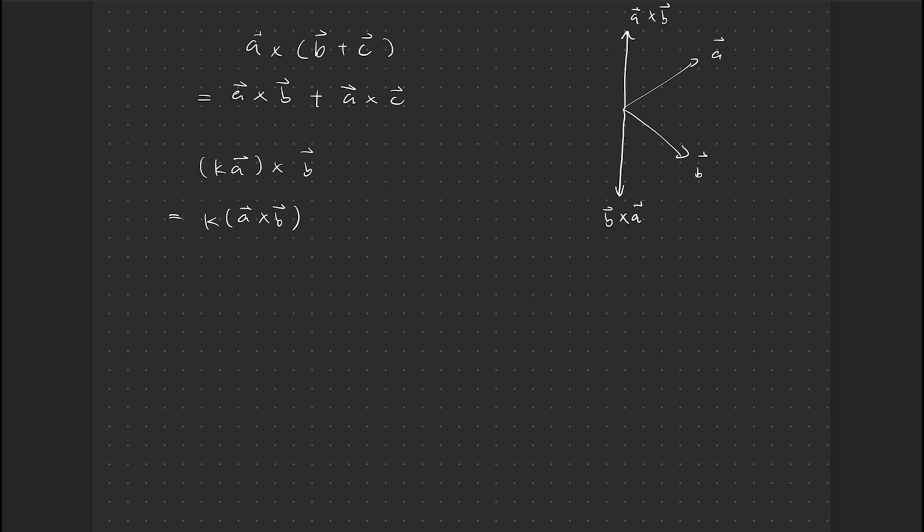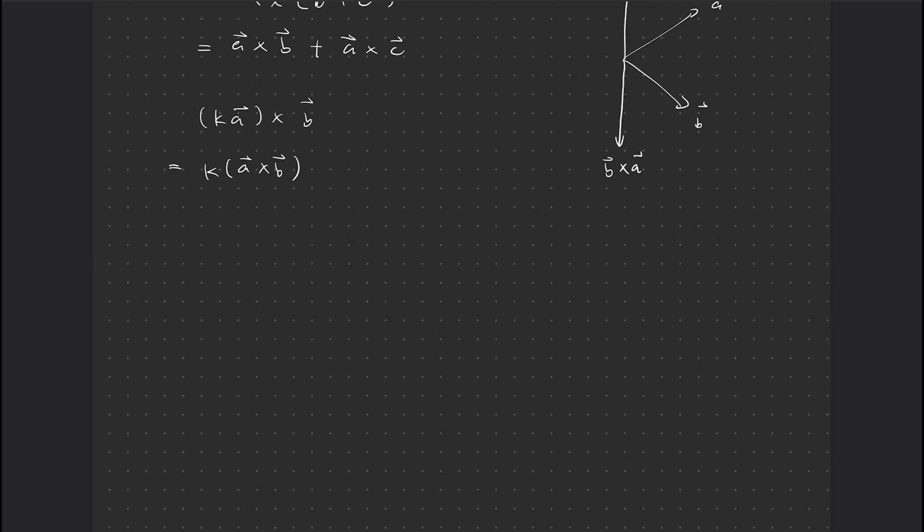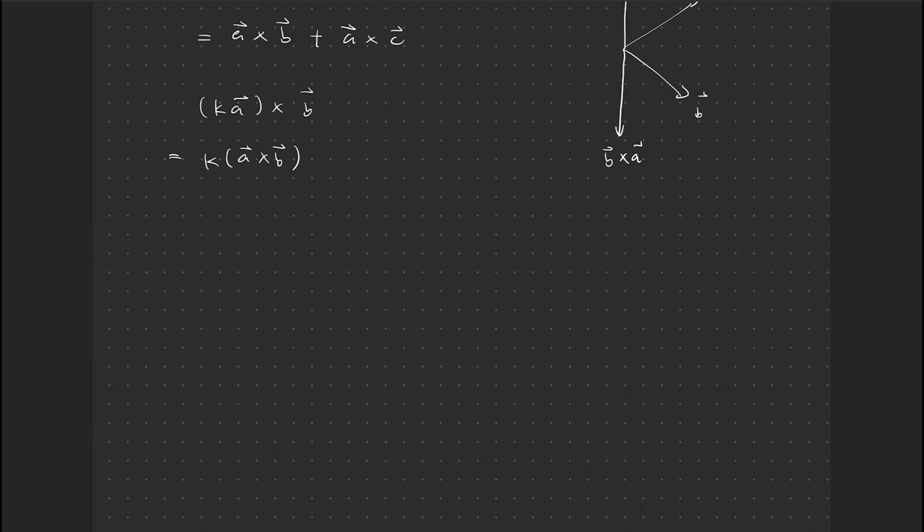So, what are some applications of the cross product? In physics, it's actually used widely. For my dear physics students, you remember in A4 we had torque, which is the turning force, the force applied to give a turning effect.